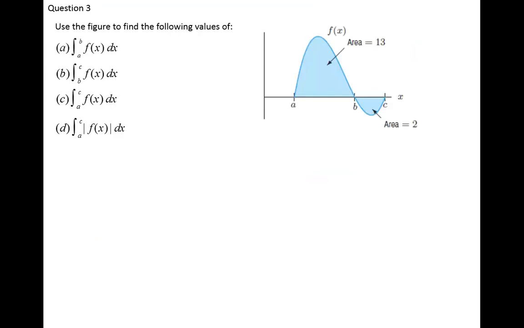What is the value of the integral from a to b looking at this function f of x? That's f of x. Can you tell me the answer for a, b, and c? That means from a to b, it's 13. Excellent. What about from b to c? Who can tell me from b to c?